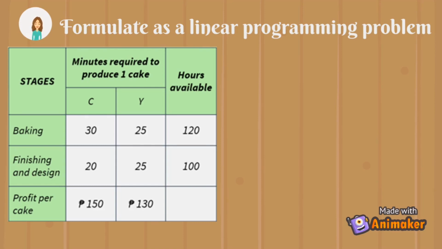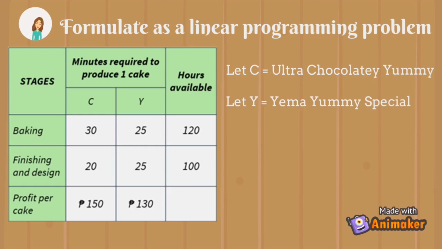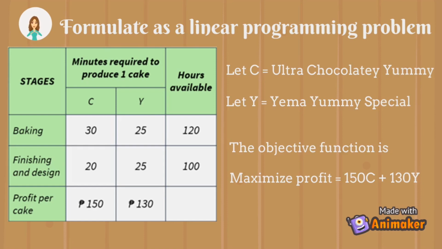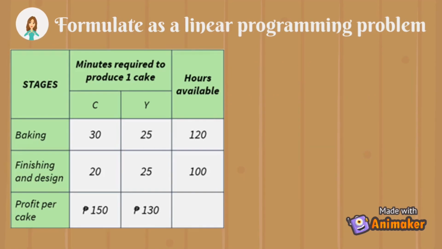With this, we let C equal Ultra Chocolatey Yummy and Y equal Yama Yummy Special. The objective function is to maximize profit, which is equal to 150C plus 130Y. Our objective function is subject to the following constraints.